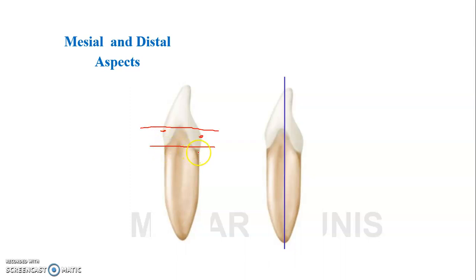You can see here how the location of the cervical line is more apical in the lingual aspect than on the labial aspect. So we have different levels for the cervical line.